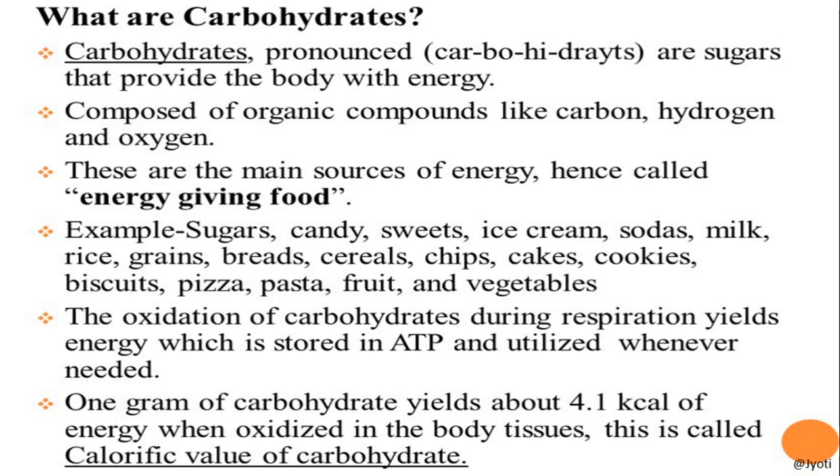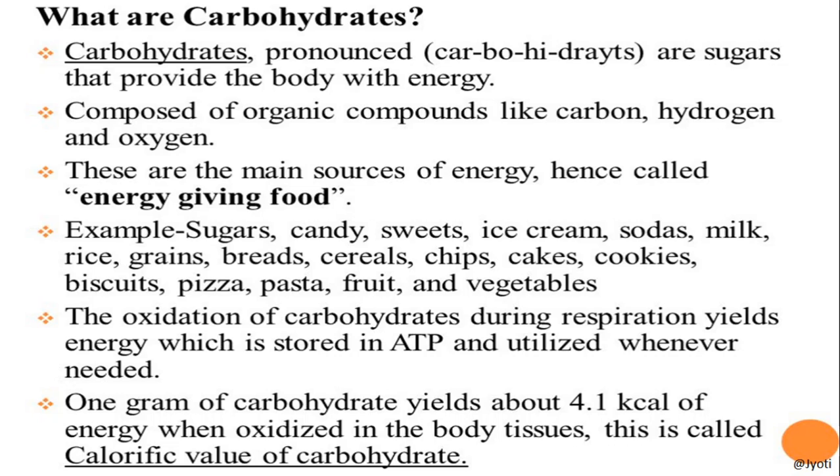We get energy from protein, fat, as well as from carbohydrate, but the immediate source of food energy is the carbohydrate. Carbohydrate is composed of organic compounds like carbon, hydrogen and oxygen. Carbohydrates are the main source of energy in a living body, that's why they are known as energy giving food.